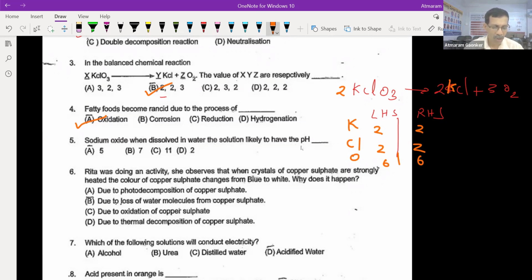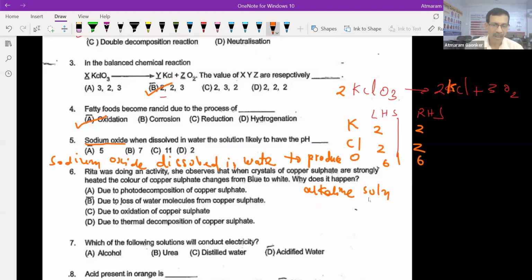Now here we have to know that the oxide of sodium, sodium oxide, dissolves in water to produce an alkaline solution, so it is an alkali.